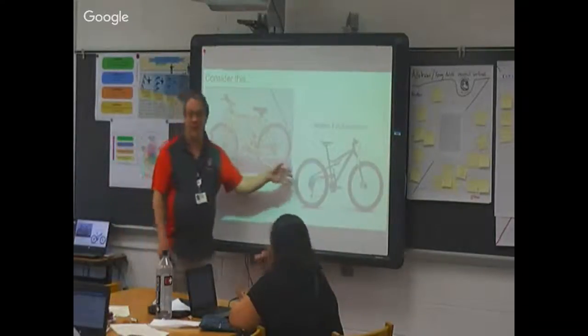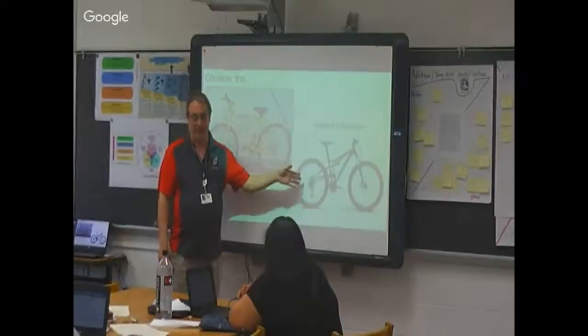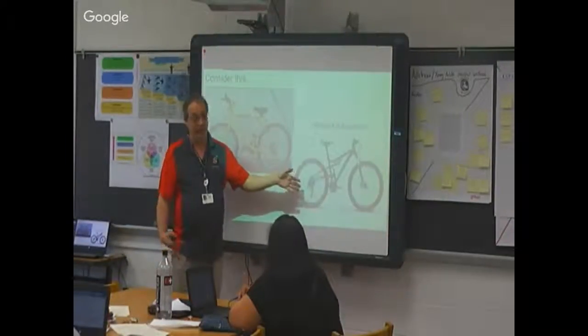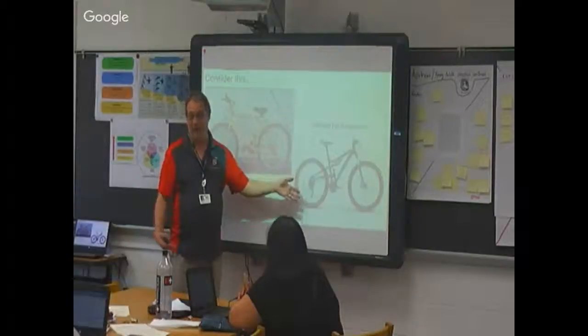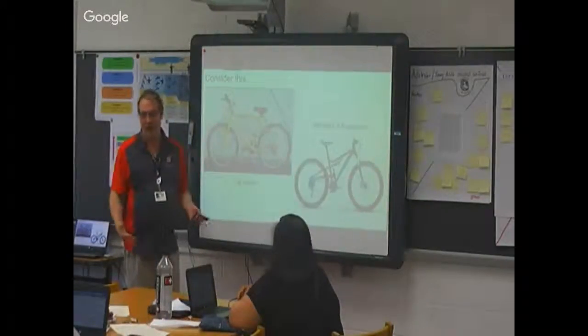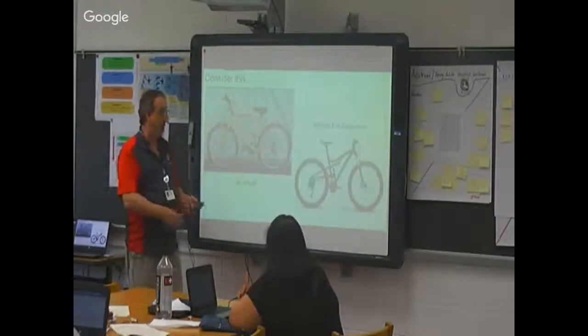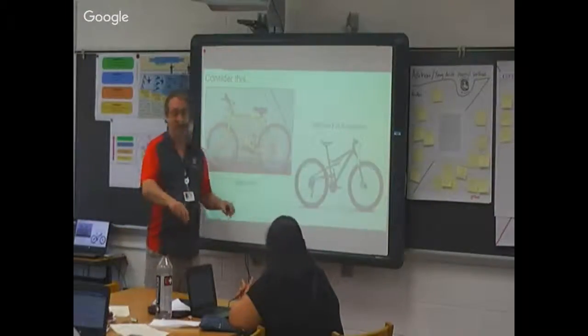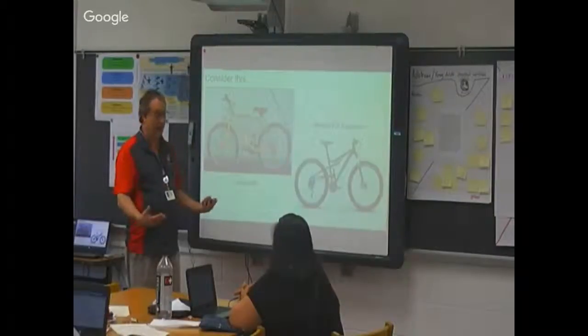The problem with this bike is that it's a lot more complicated. And if it's not adjusted well, it doesn't ride well, and you're not going to enjoy it, right? If you don't have the shocks adjusted for your weight or for the terrain you're riding on, it's not going to work well. If you don't have your hydraulic brakes trimmed right, it's not going to work.